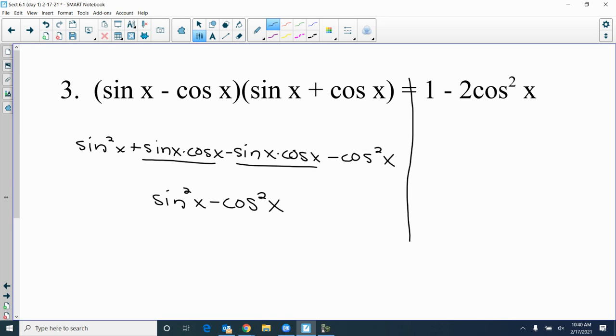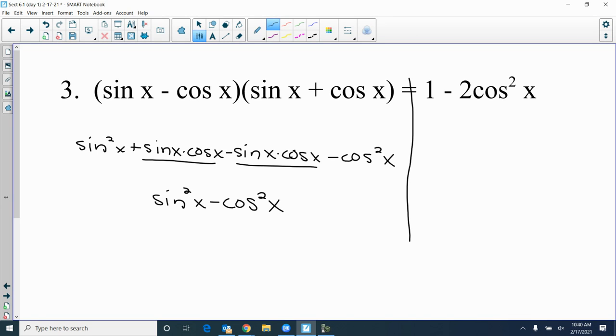All right, this is where you kind of got to keep looking over on the other side. Like, all right, how do I get there? Here's where I'm at. How do I get to that piece on the right-hand side? Anybody got any ideas? What do you got, Adam? Sine squared of x is equal to 1 minus cosine squared x. All right, good. Cosine squared is equal to 1 minus sine squared, but that wouldn't make sense here because this one is just in terms of cosine. So I wouldn't want to introduce more sines.